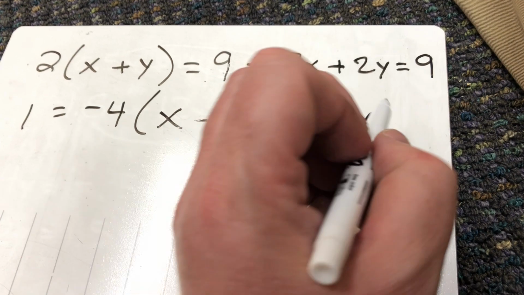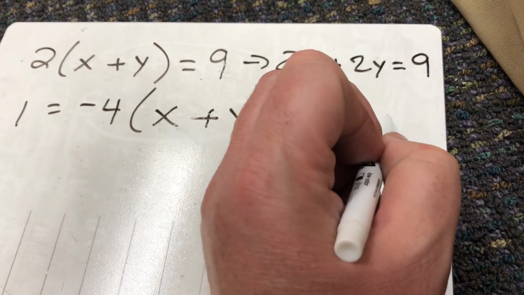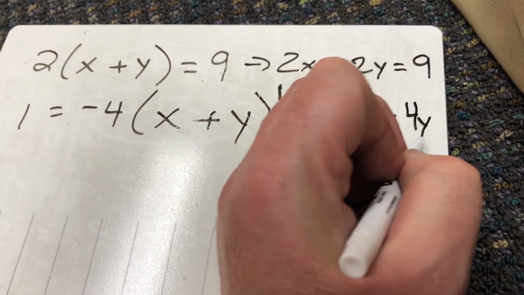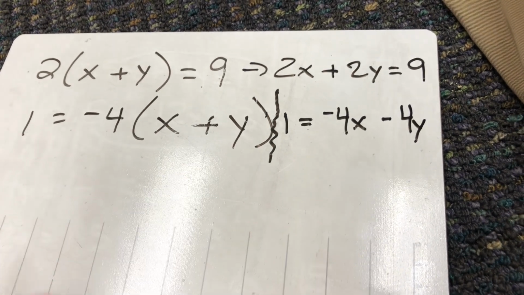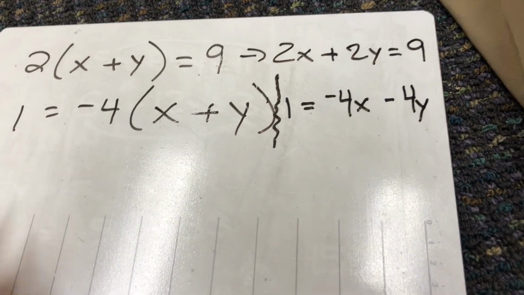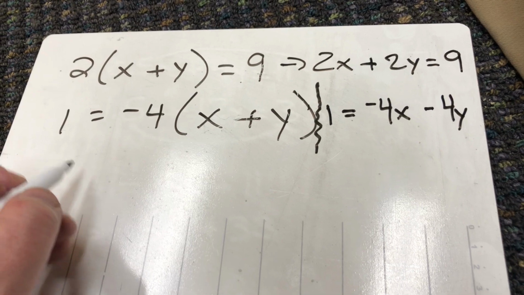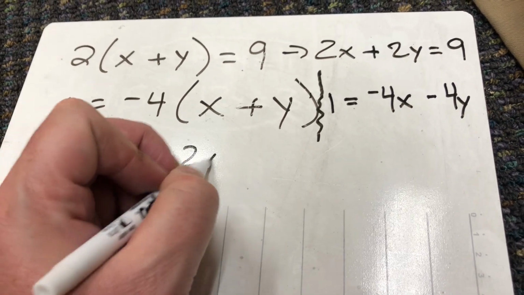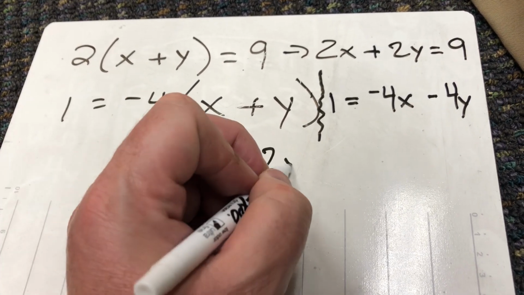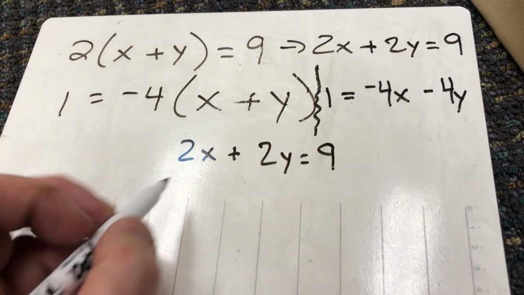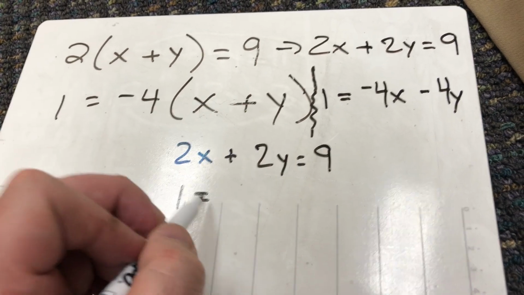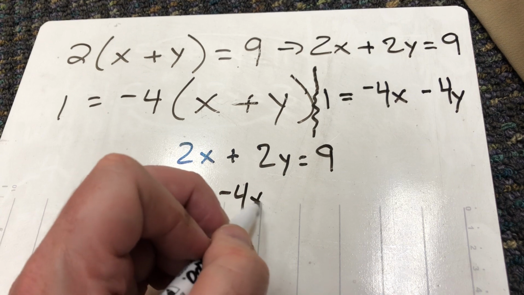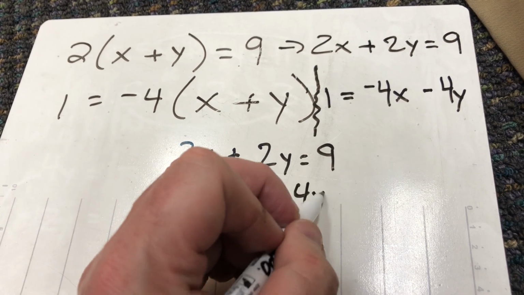Negative 4 times a positive y is going to be minus 4y, because a negative times a positive is a negative. So let's rewrite these down here to give us a little more room: 2x plus 2y equals 9, and 1 equals negative 4x minus 4y.